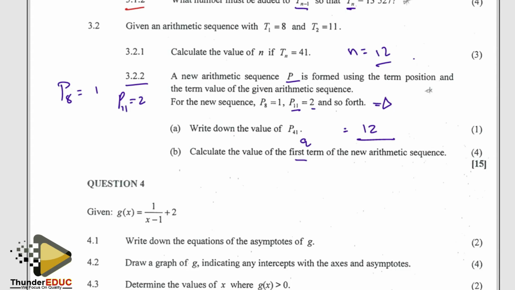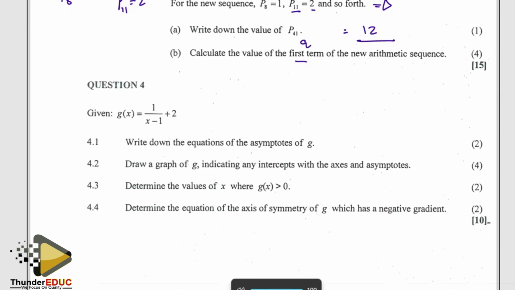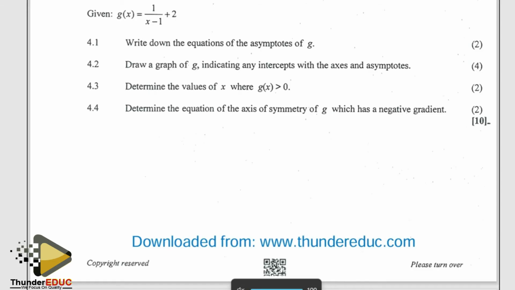Okay, I move on to question number 4, which is the functions. And we're being told that g of x is 1 over x minus 1, plus 2. Write down the equations of the asymptotes. So before we even start, we need to know what type of graph this is.